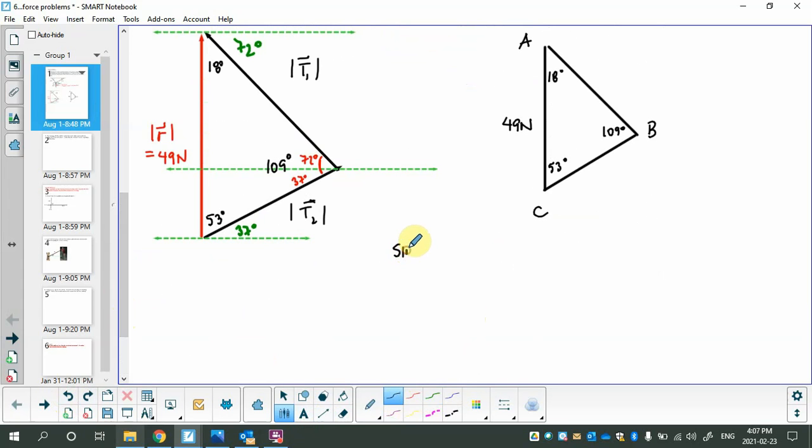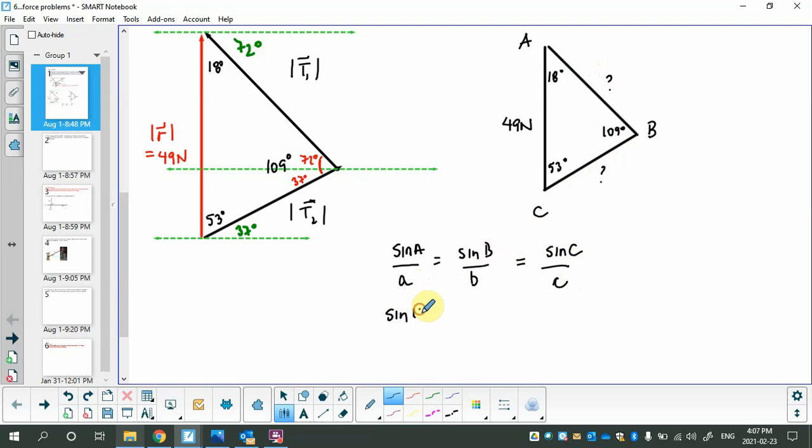So sine big A over little a equals sine big B over little b equals sine big C over little c. So I'm looking for little c, and I'm looking for little a. So I'm looking for both of them. Let me put in any values I know.